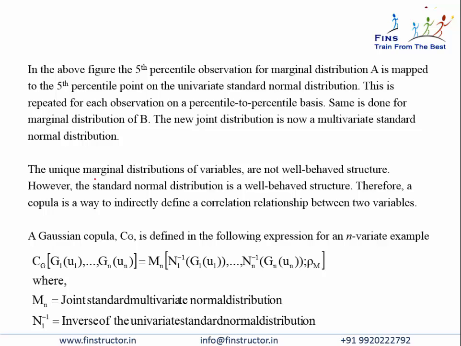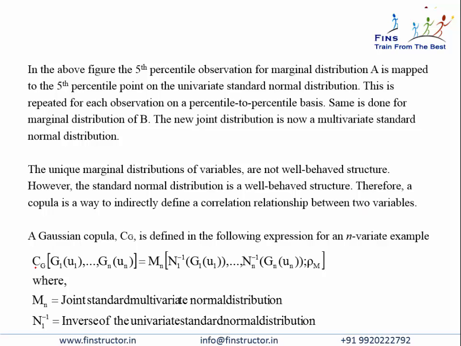The unique marginal distributions of the variables are not well behaved. However, the standard normal distribution is a well behaved structure. Therefore, a copula is a way to indirectly define a correlation relationship between the two variables.